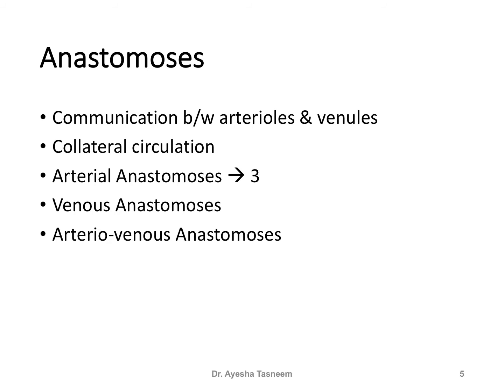First is the actual anastomosis, second is the potential anastomosis, and third is the end arteries. The end arteries are not a type of anastomosis, but in some books they are included in anastomosis of arteries. Then we have the venous anastomosis, and in the last we have arteriovenous anastomosis.